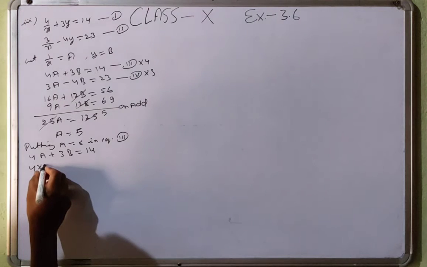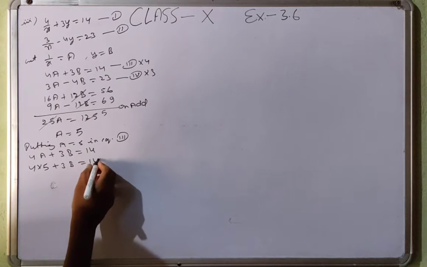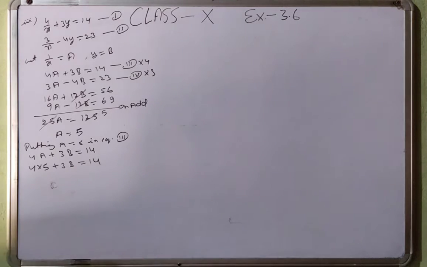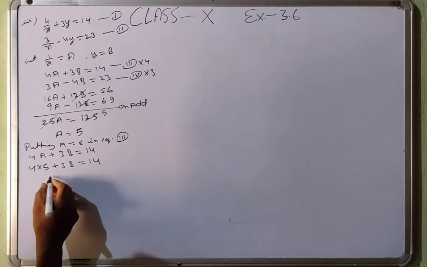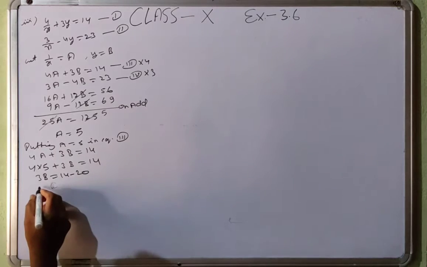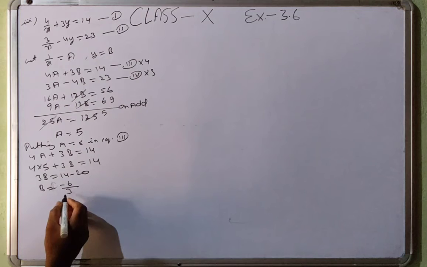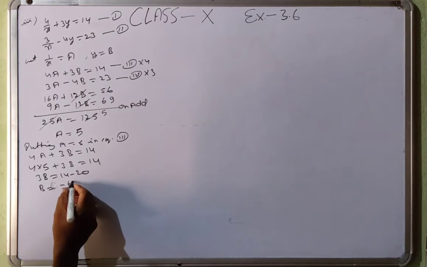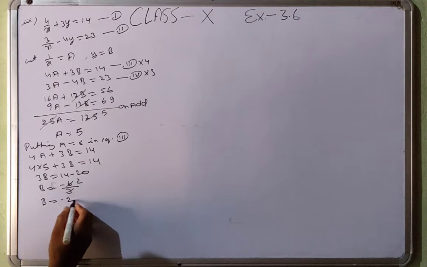So 4 into 5 plus 3b is equal to 14. So that will be 4 times 5 is 20. So 3b is equal to 14 minus 20. So b is equal to minus 6 upon 3. Minus 6 upon 3, so 3 times 2 is 6. So b is equal to minus 2.